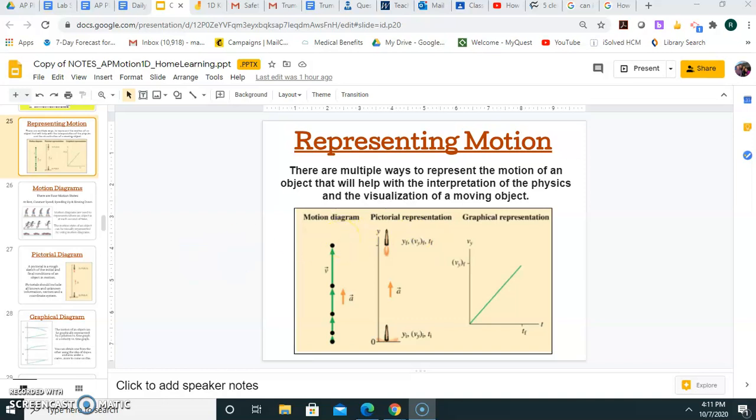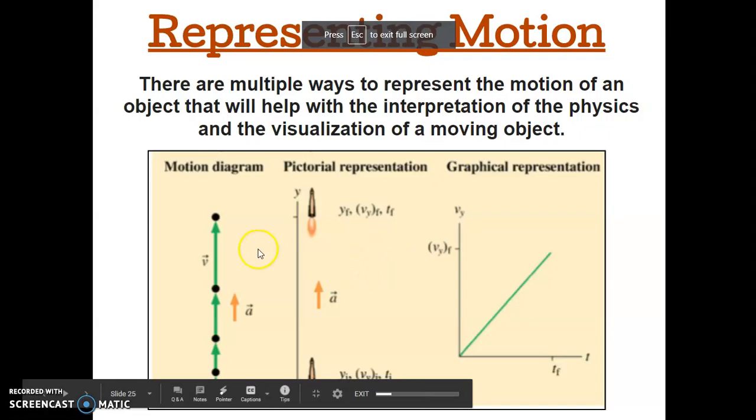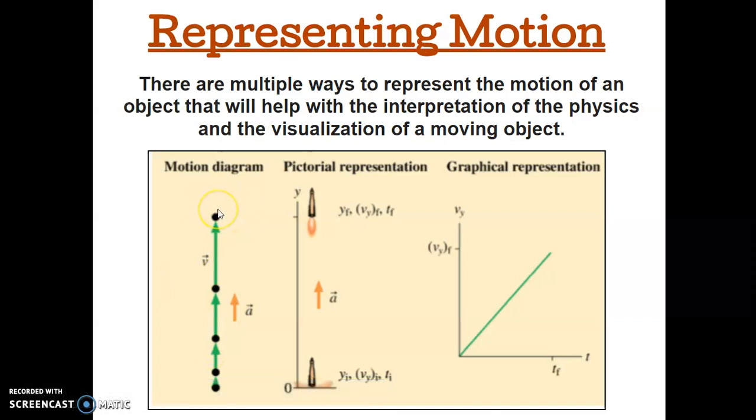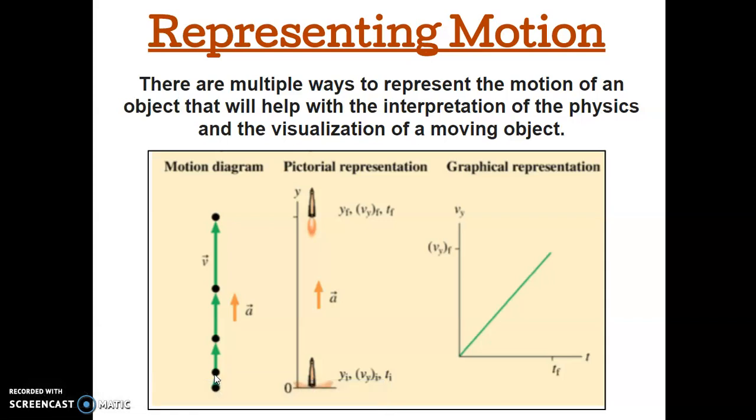So one way that we can see very often is this motion diagram. Okay, and I'm sorry about this bar at the bottom. I can't get rid of it, but I think we can see well enough regardless. So basically, these black dots represent where the object is at every given second or a given interval of time.